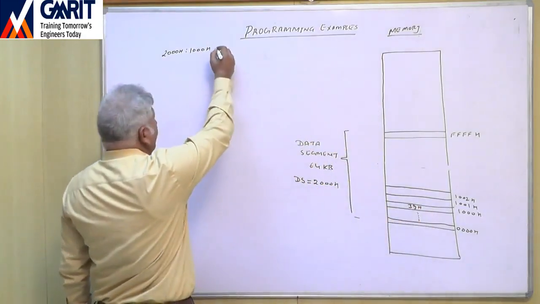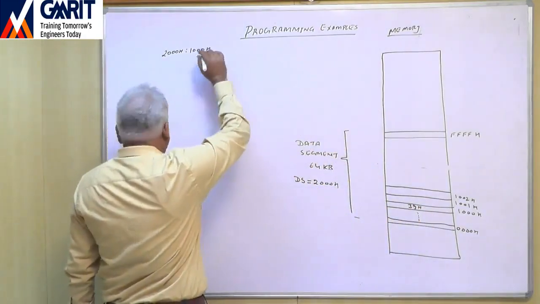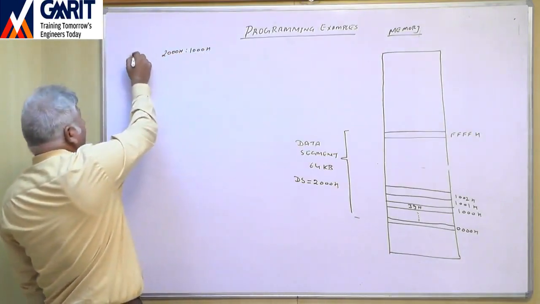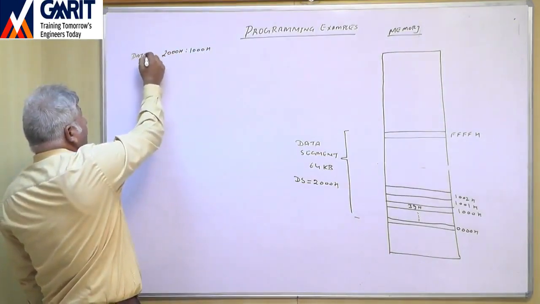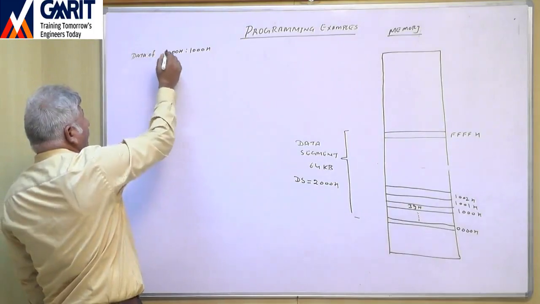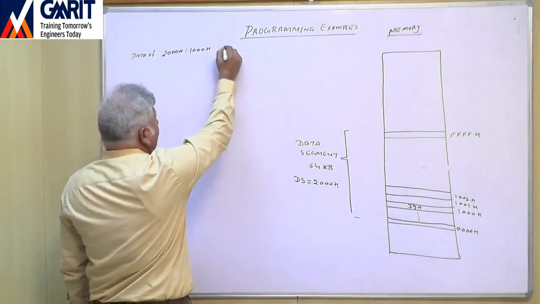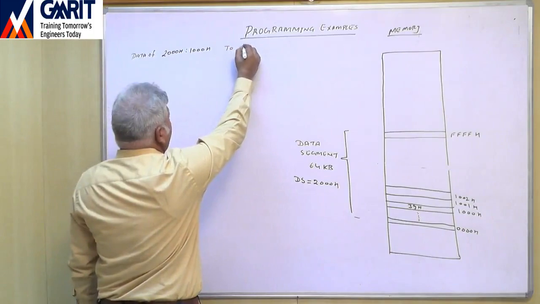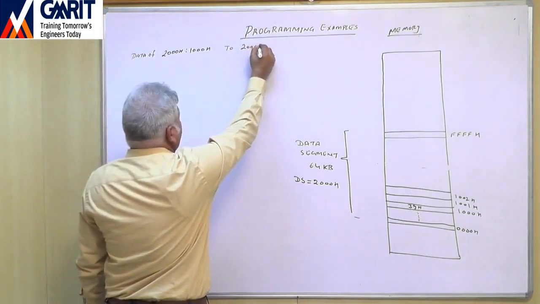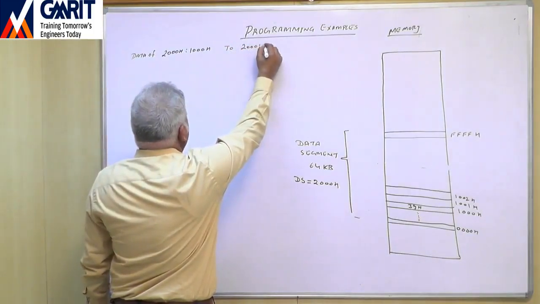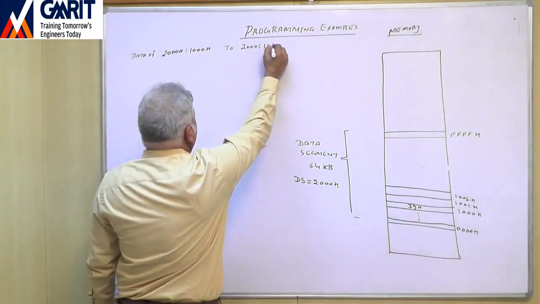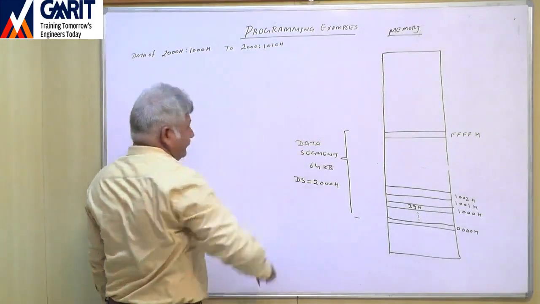We want to move the data of this address to 2000:1010H.